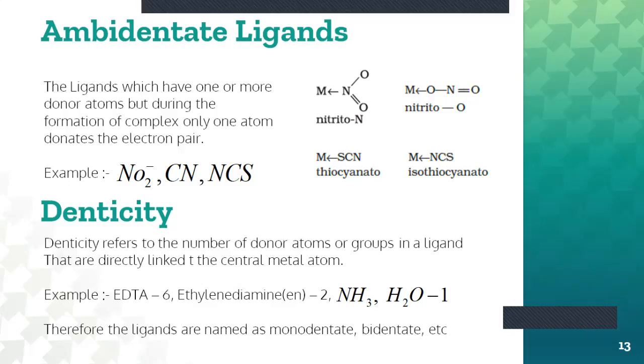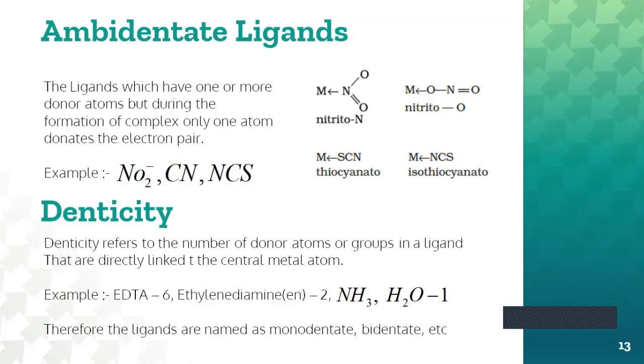For example, the denticity of EDTA is 6 because each EDTA molecule has 6 donor atoms. So the total number of donor atoms present in a ligand is the denticity of that ligand.